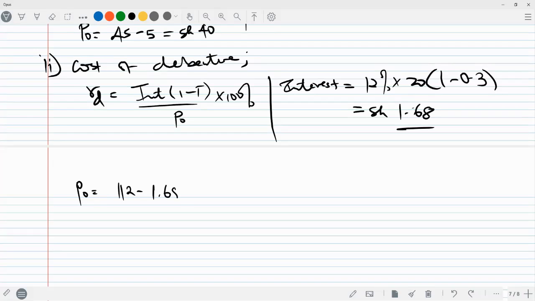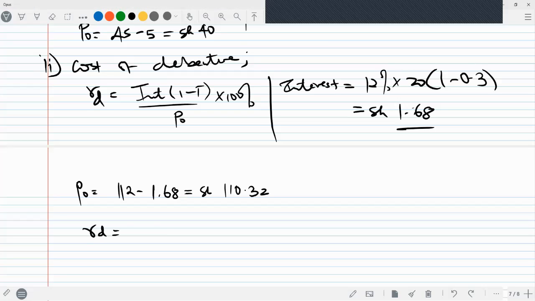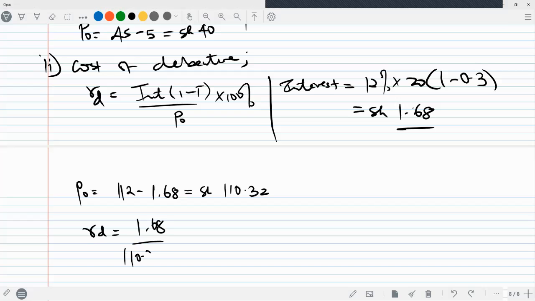So 112 minus 1.68 gives 110.32. Then the cost of this debenture will be equal to the interest 1.68 divided by 110.32.